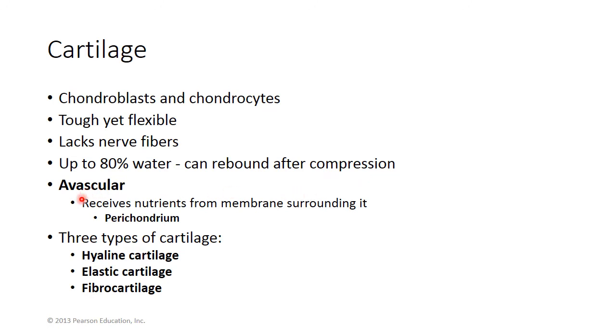Once again, not a good blood supply. That's why, if you damage your cartilage, it takes a long time to heal. It gets nutrients from a little outer membrane around the outside of the cartilage called perichondrium. Chop this word up: peri, surrounding; chondro, cartilage. So it surrounds the cartilage. Once again, hyaline, elastic, fibrocartilage.